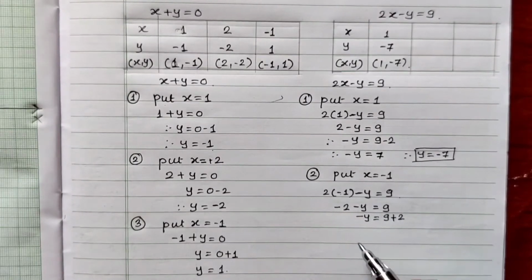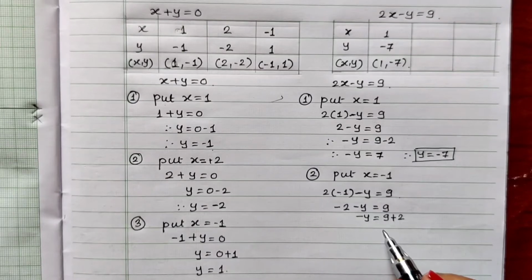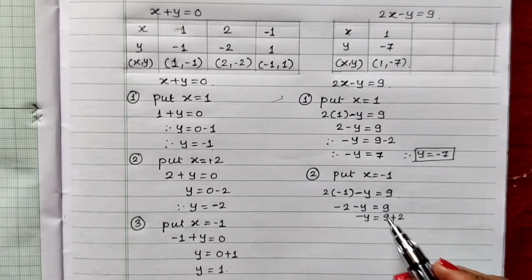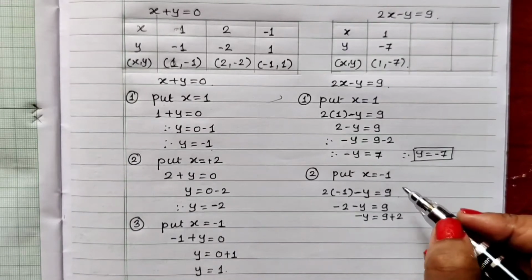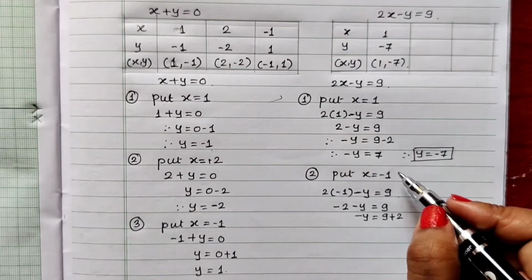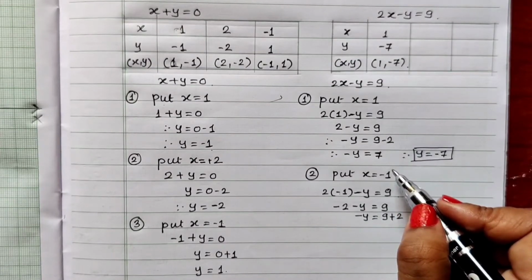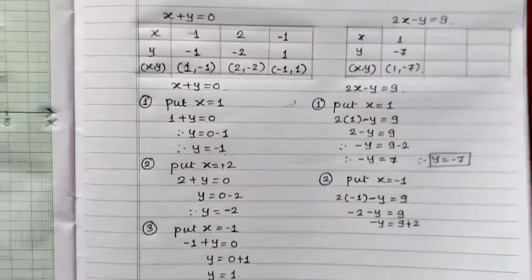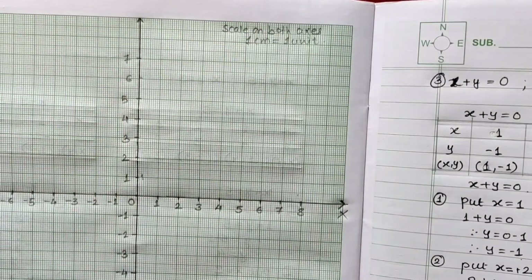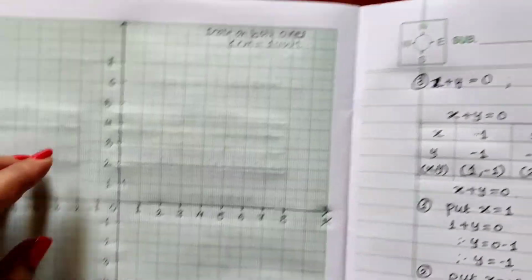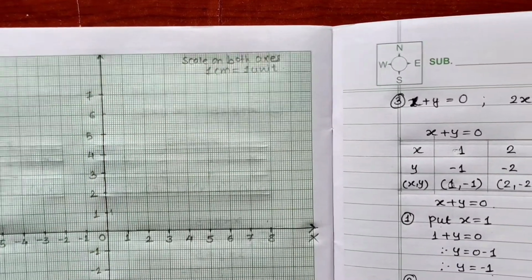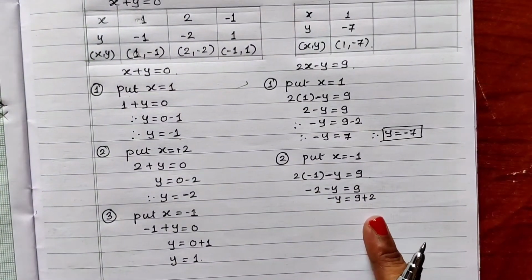Correct? So the values are becoming very big, no? Y should not be very big. So let us take 0, because otherwise we will have to change this drawn y-axis, because we will have to take till 11 now, because 9 plus 2 is 11.